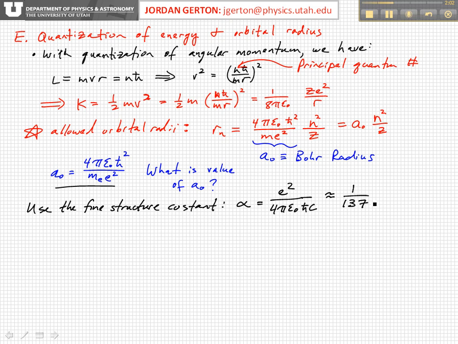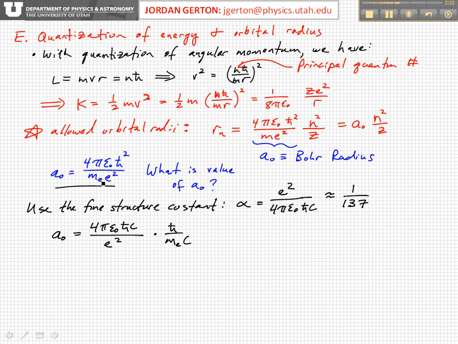Okay, so with this we can rewrite a naught. We can write the Bohr radius as equal to 4 pi epsilon naught h bar c over e squared times h bar over m_e c.